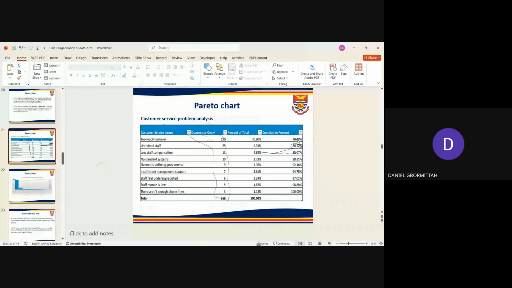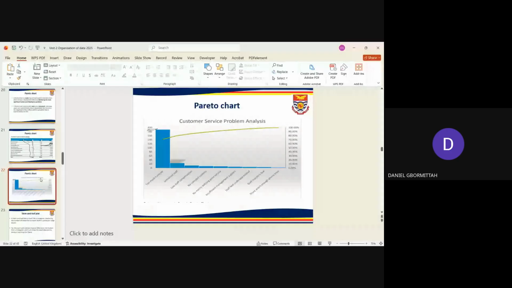Because reading 70.9% on this graph is not easy, let's make it 71. So this is the 2 months turnover. I mentioned that we should use the class midpoint, so the class midpoint will be somewhere in the middle.